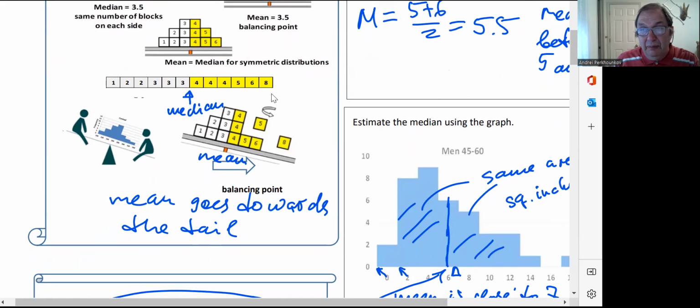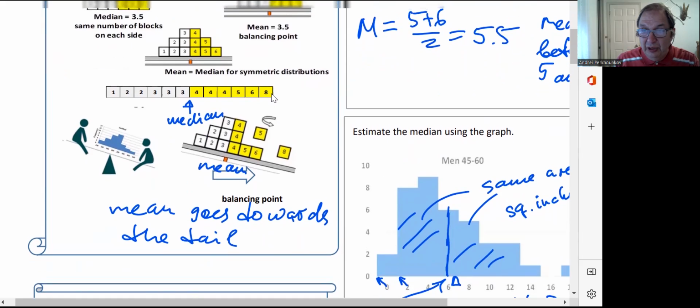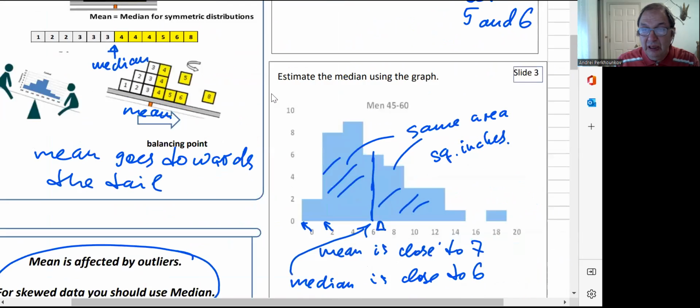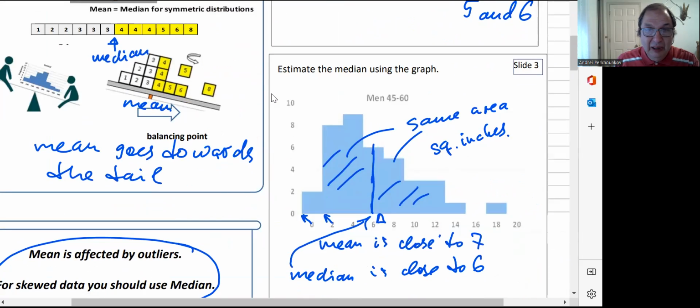Prior to that, we discussed that mean and standard deviation are very good numerical measures that represent center and spread. And now we have a new challenge. The challenge is we have a non-symmetric distribution, so it does not balance on a seesaw perfectly. The mean is affected, and now we need to come up with something new.